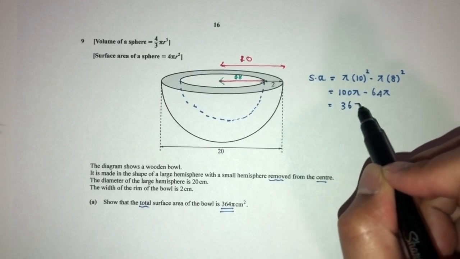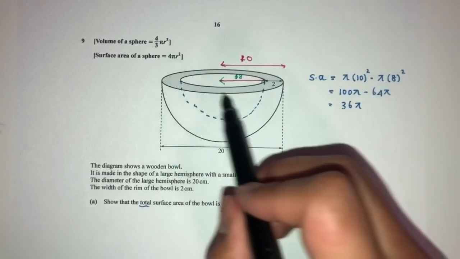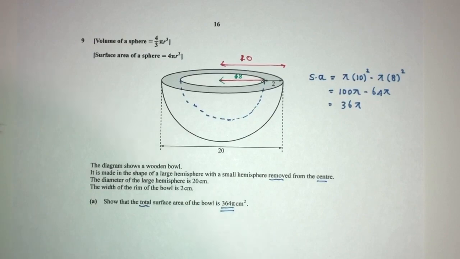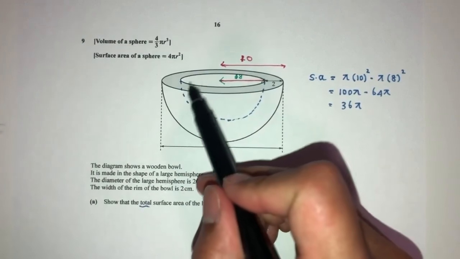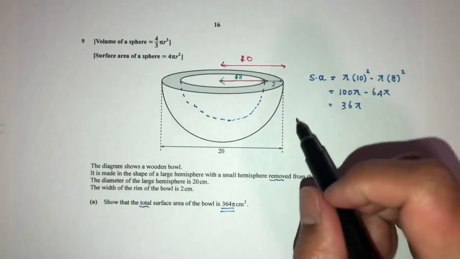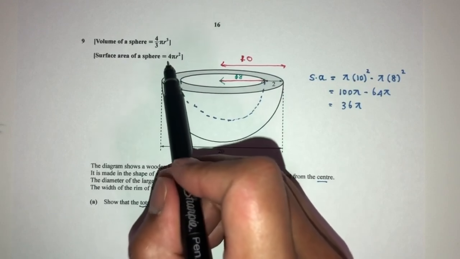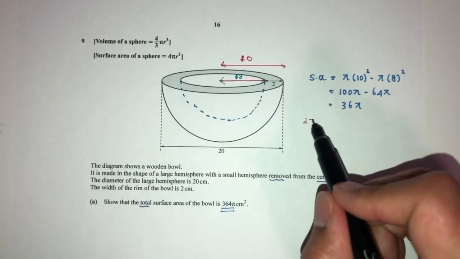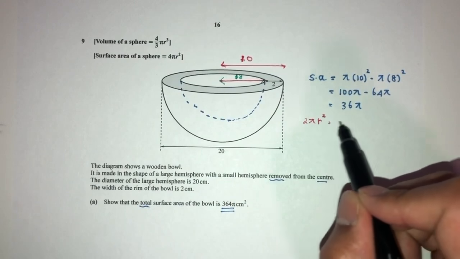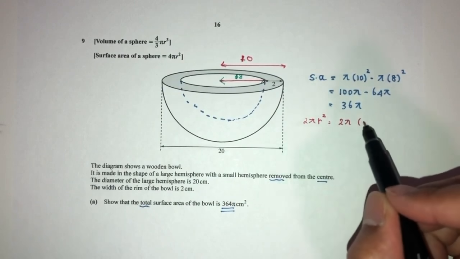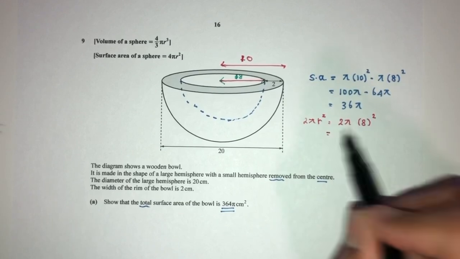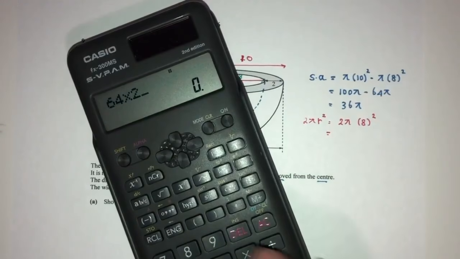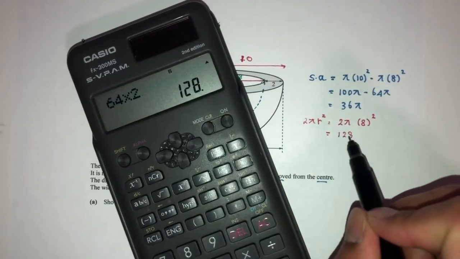That'll be 36 pi for the rim of this bowl. Now what is the area inside of the bowl? It is a hemisphere. So surface area will become half of this, 2 pi r square. 2 pi is 2 pi, r square of the small one is 8 square. That will be 64 times 2. That will become 128 pi.